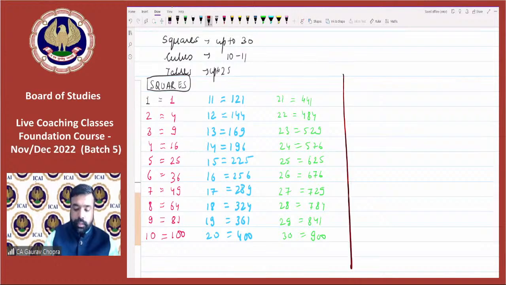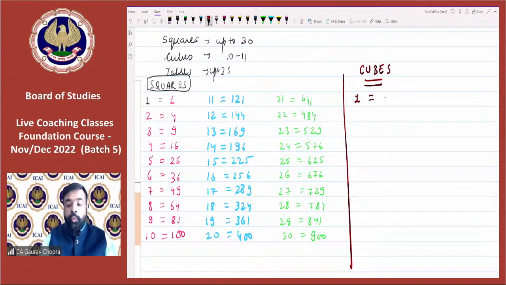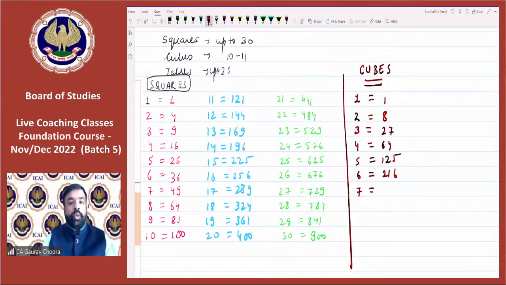Then write some of the cubes. Now, what is the cube of 1? 1 cube is 1. 2 cube, we are multiplying 2 three times, it becomes 8. 3 cube is 27. 4 cube, 64. 5 cube, 125. 6 cube, 216. 7 cube, 343. 8 cube, 512. 9 cube, 729.